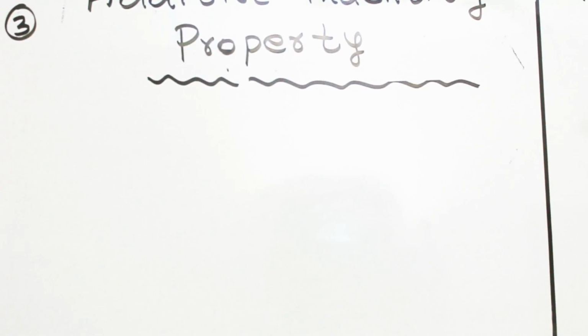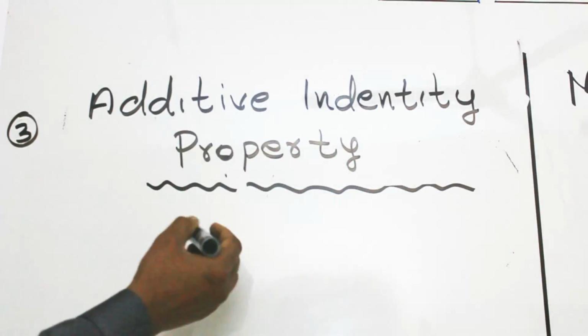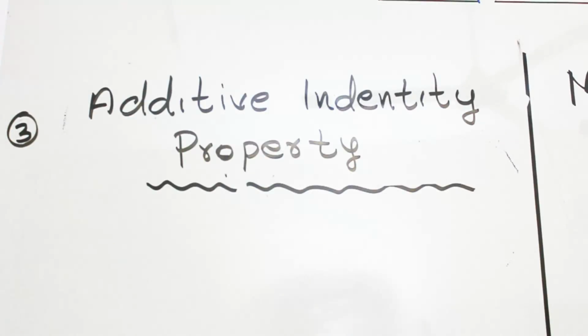Another important property is the additive identity property. It is regarding the identity of addition. What do you mean by the identity of addition? It is 0. Why is it called that? If you add 0 to a number, you will get the same number.